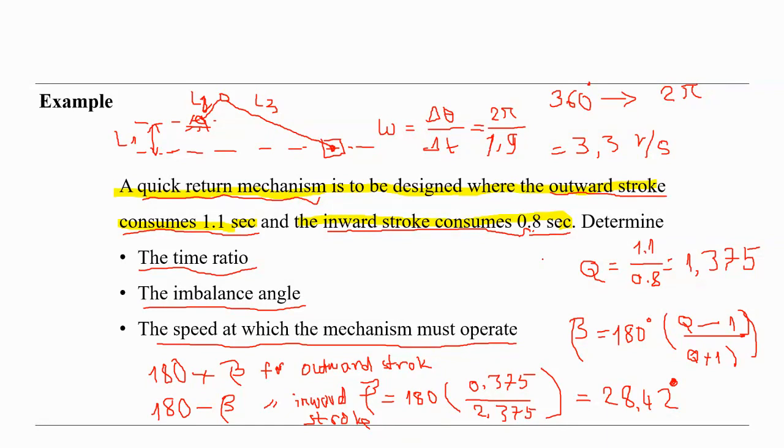And first of all, what is the time ratio, and how can we calculate the imbalance angle and the speed at which the mechanism must be operated? All those things I have calculated already. Now we have to calculate also the lengths of L1, L2, and L3.